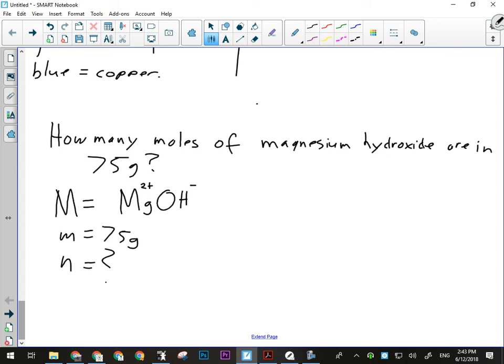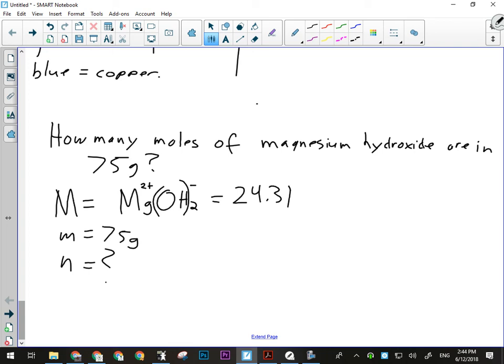Like this? Brackets, right? This is not the same thing. That says there's two O's and two H's. If all I do is put the 2 there, there's one O and two H's, and that's not magnesium hydroxide, it's something else. All right, so now that I have that, I can calculate molar mass. For magnesium, that's 24.31.